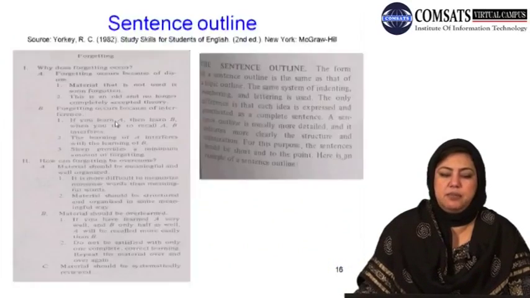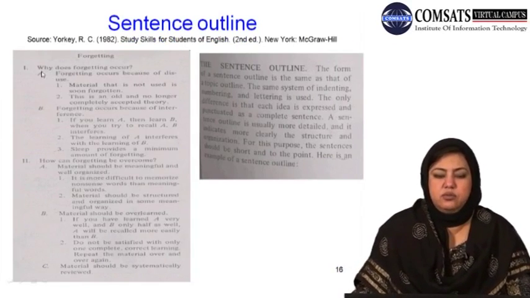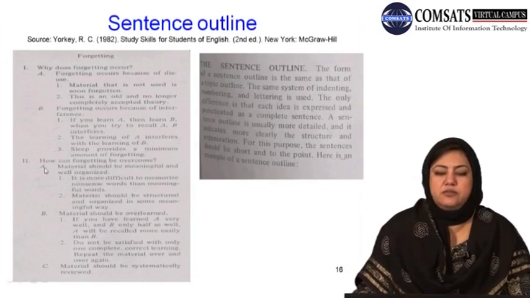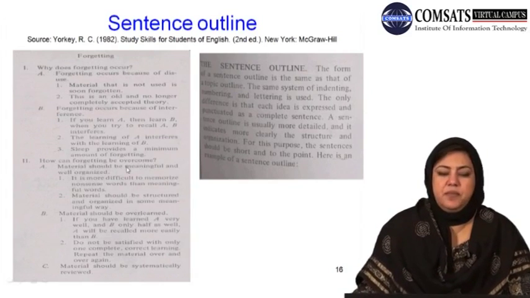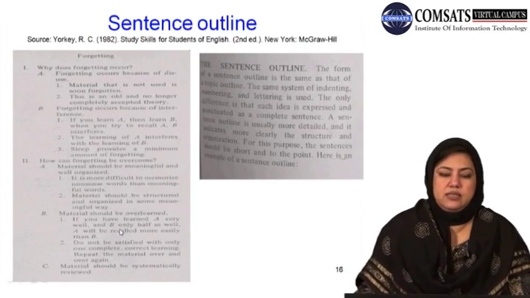However, in this example that I am right now discussing with you, what you can see is that two sentences that are in interrogative form, why does forgetting occur and how can forgetting be overcome, are used as the main headings, and within them again you can see that complete sentences are used to organize thoughts and ideas.